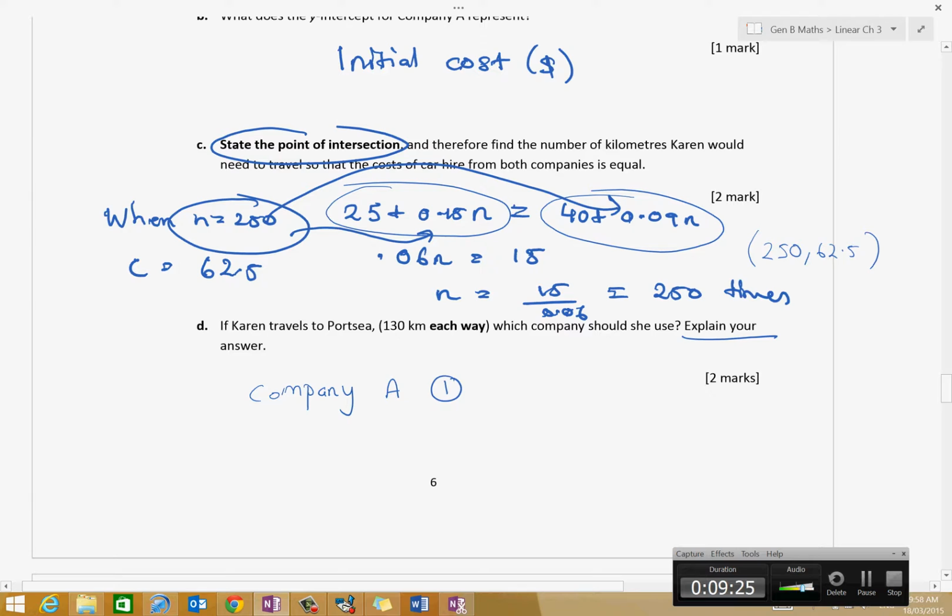So explaining, so since they intersect at, it says 130 kilometres each way. What about if it was 120 kilometres each way? Which would be cheaper?